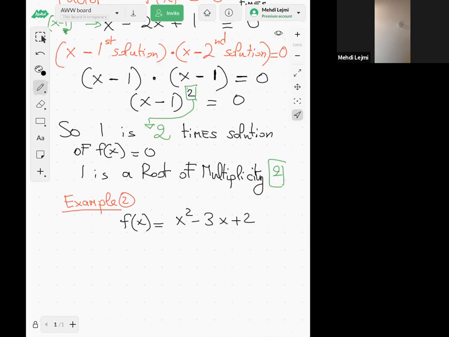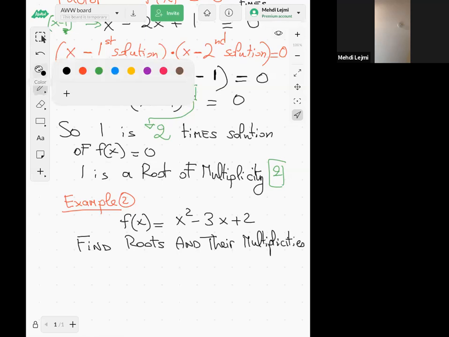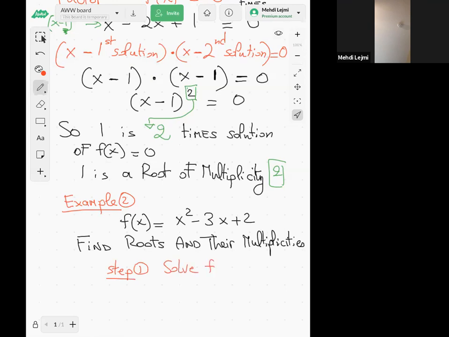All right, and I want to find the roots and their multiplicities. So first step, what we have to do first is to solve. So there are 2 steps. First, you want to find the roots. You have to solve f of x equal to 0 to find the roots.